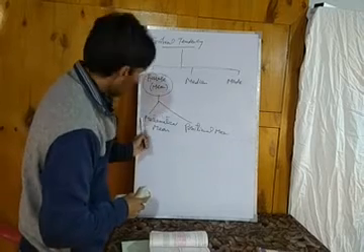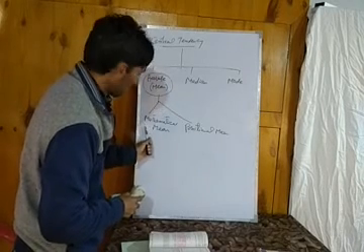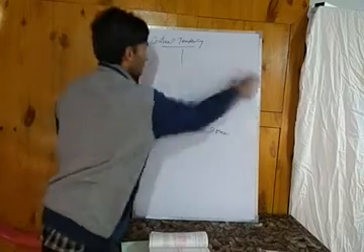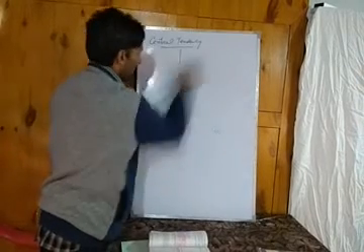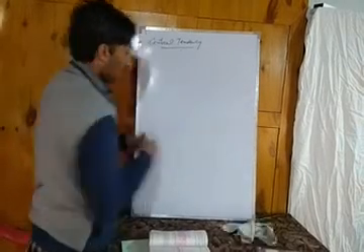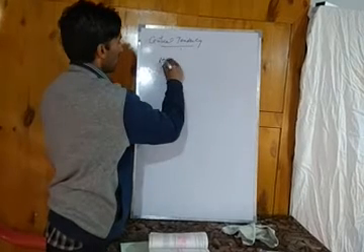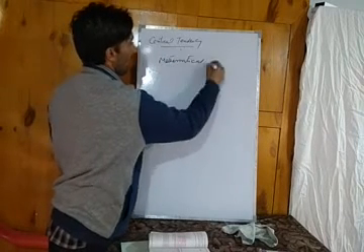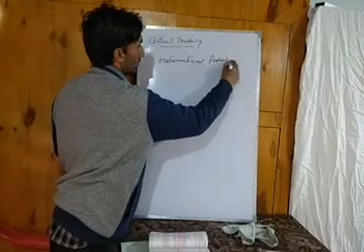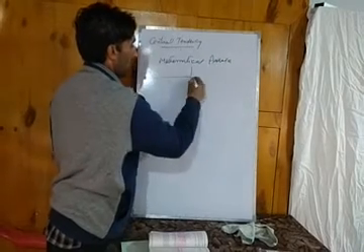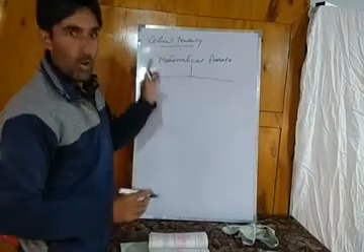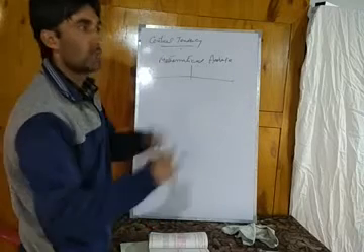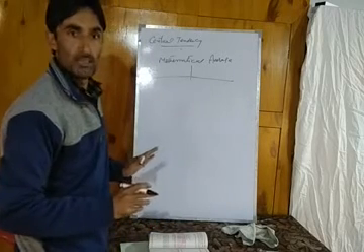Thus we will take first the mathematical average or mathematical mean. While calculating this mathematical average, we have three methods.